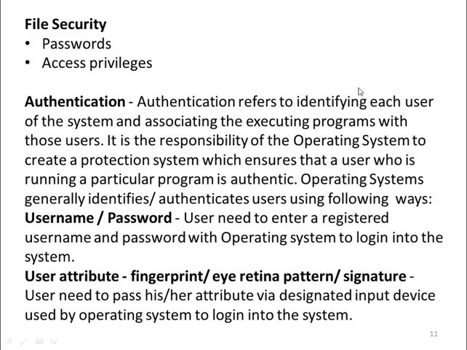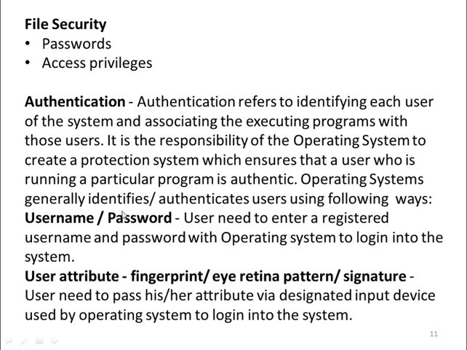Authentication refers to identifying each user of the system and associating the executing programs with those users. It is the responsibility of the operating system to create a protection system which ensures that a user who is running a particular program is authentic.